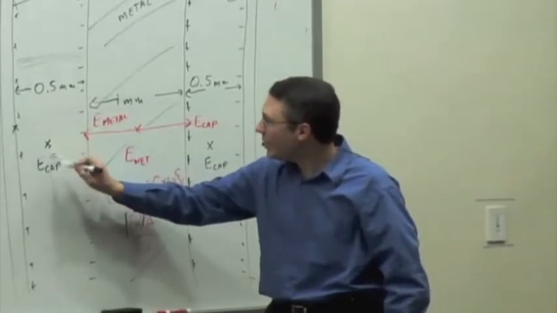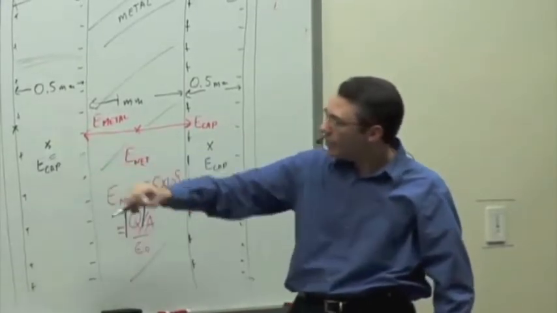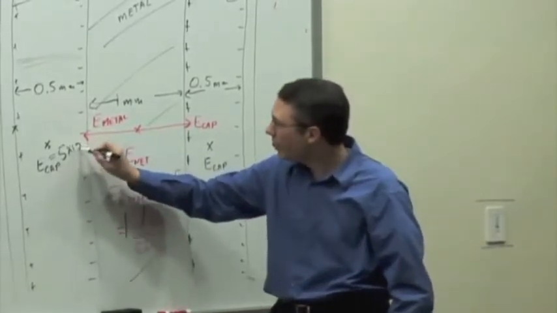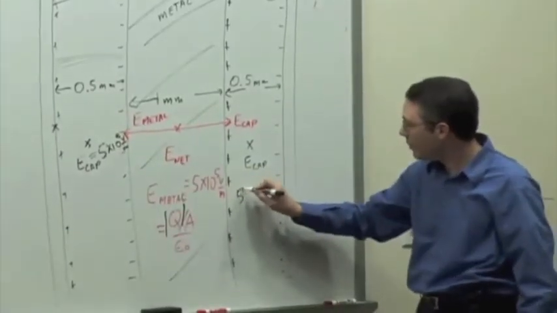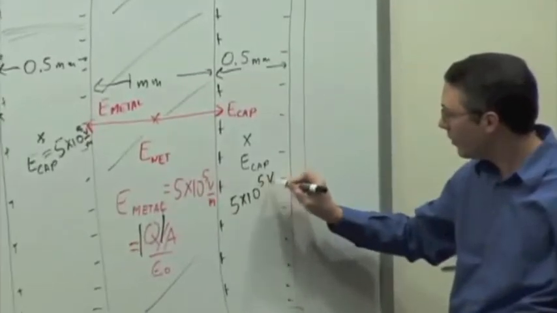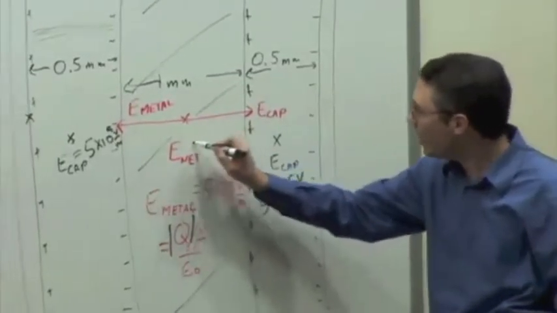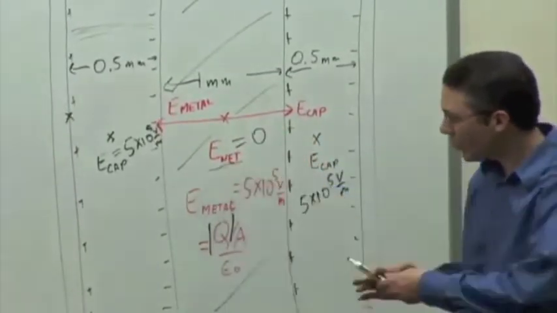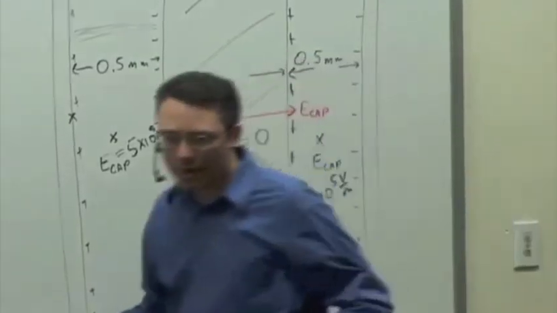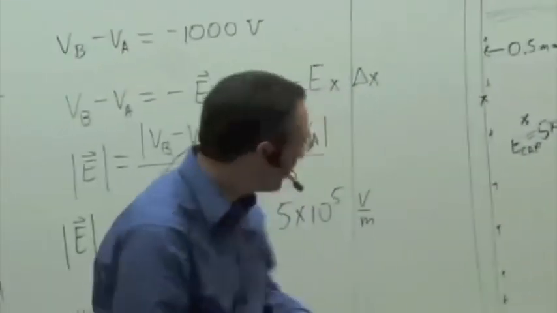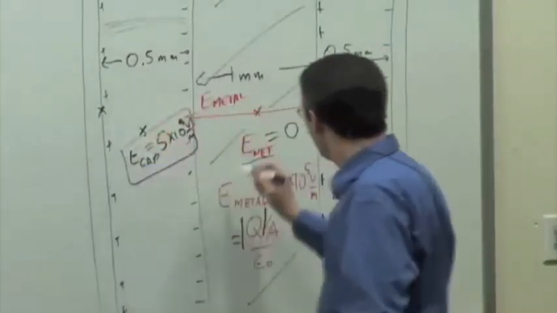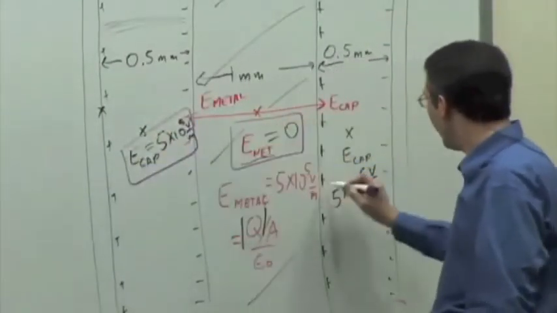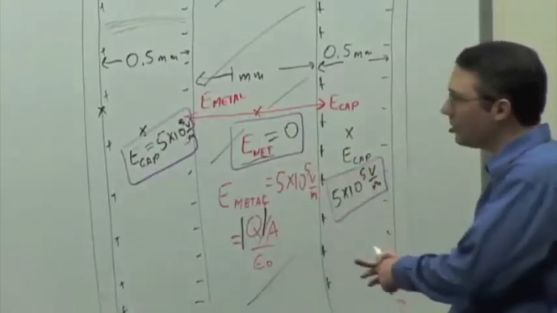The electric field in this air gap should be 5 times 10 to the 5th volts per meter. And in here, the net electric field, we said, is equal to 0. So now we have 3 regions, one after the other, with 3 different uniform electric fields.